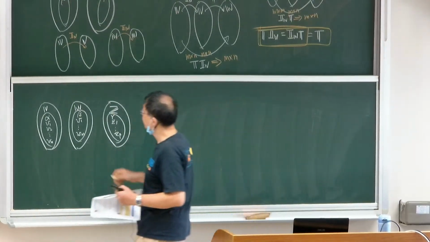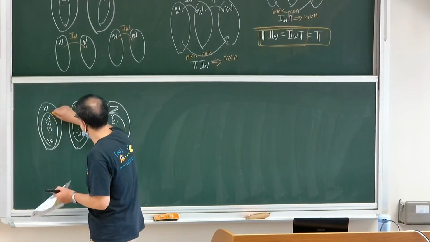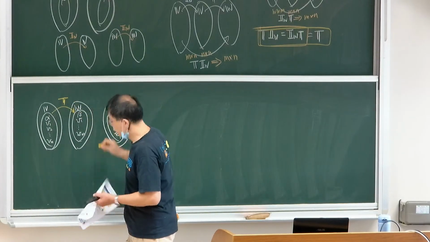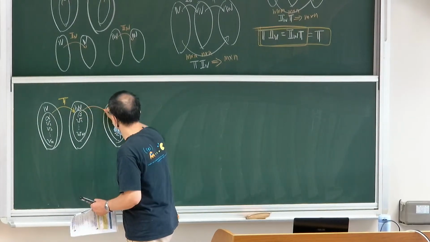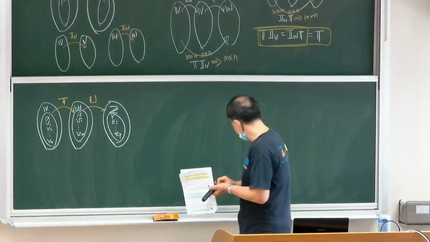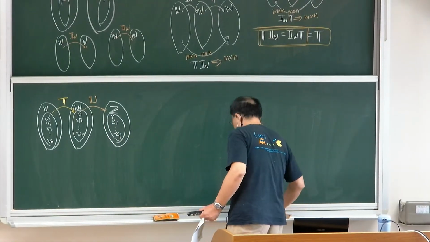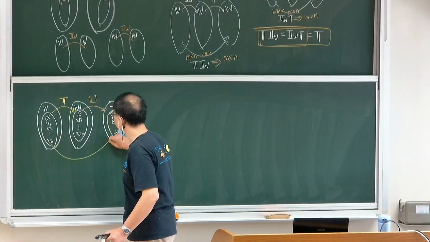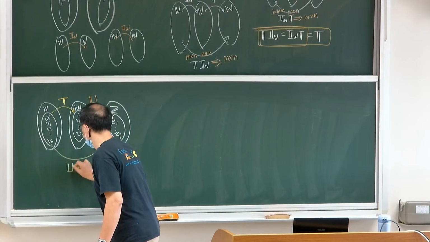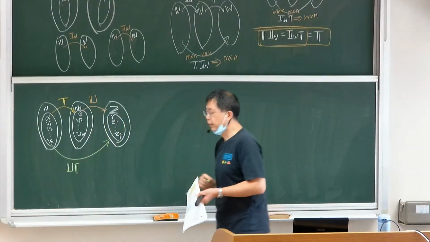Then I have the linear transformation T from V to W. I have linear transformation U from W to Z. And the composition of linear transformations from V to Z directly is UT.